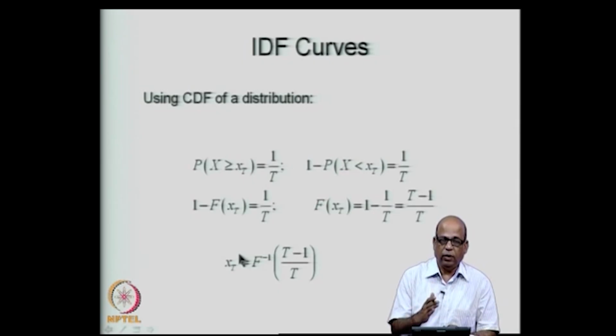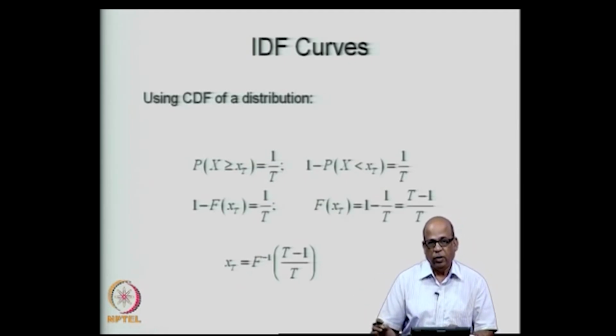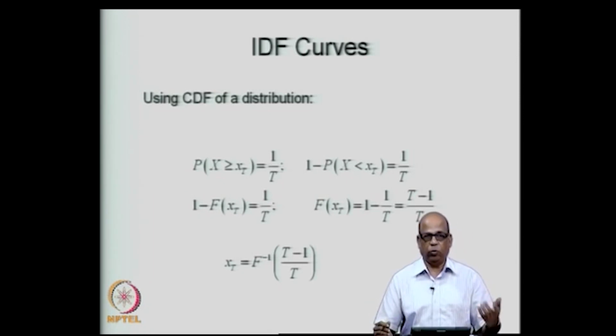So, you will have a relationship between intensity, which is obtained as x t, the duration like 1 hour, 2 hours etcetera, for a given return period of 2 years, 5 years, 10 years and so on. This is how you specify the IDF relationships, intensity, duration, frequency relationships, which can be used for any of the hydrologic designs.